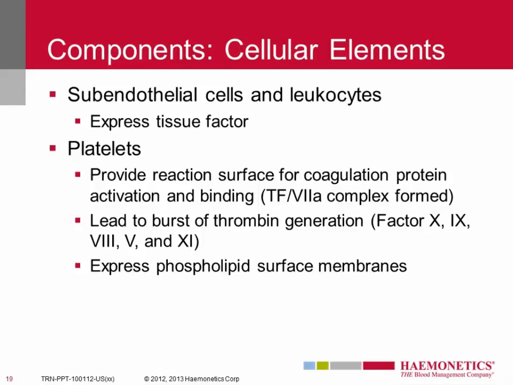So the components of the cellular elements are the subendothelial cells and leukocytes. They express tissue factor. So when the damaged tissue, the blood comes in contact with the subendothelium, it releases tissue factor. Tissue factor activates the platelets, provides a reactive surface for coagulation, and activation of the binding of tissue factor and factor 7A complex are formed, which leads to a burst of thrombin generation through that PAR4 receptor that I was speaking of, which releases factors 10, 9, 8, 5, and 11, and fibrinogen, and expresses phospholipid surface membranes.